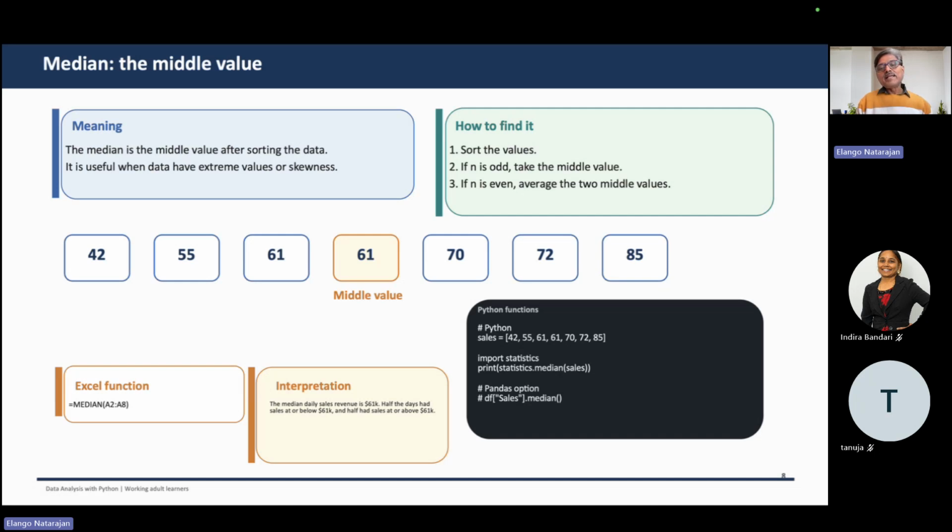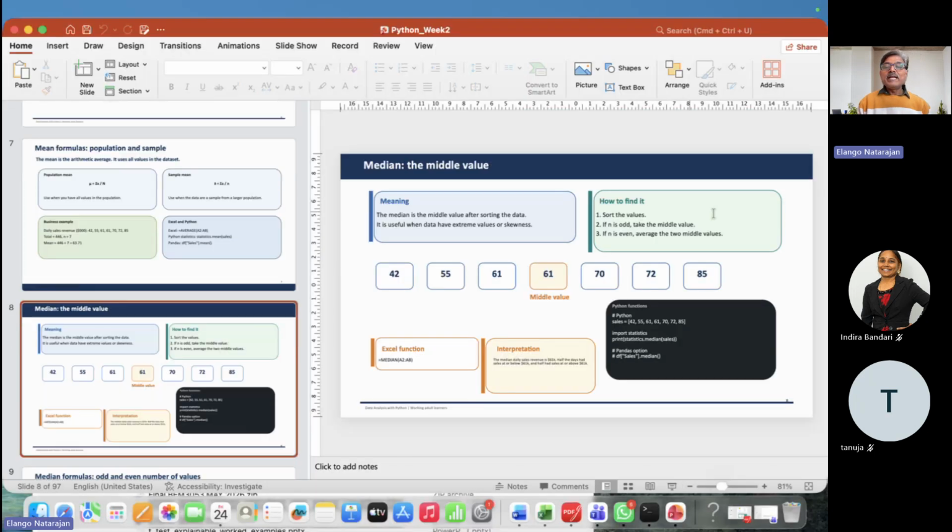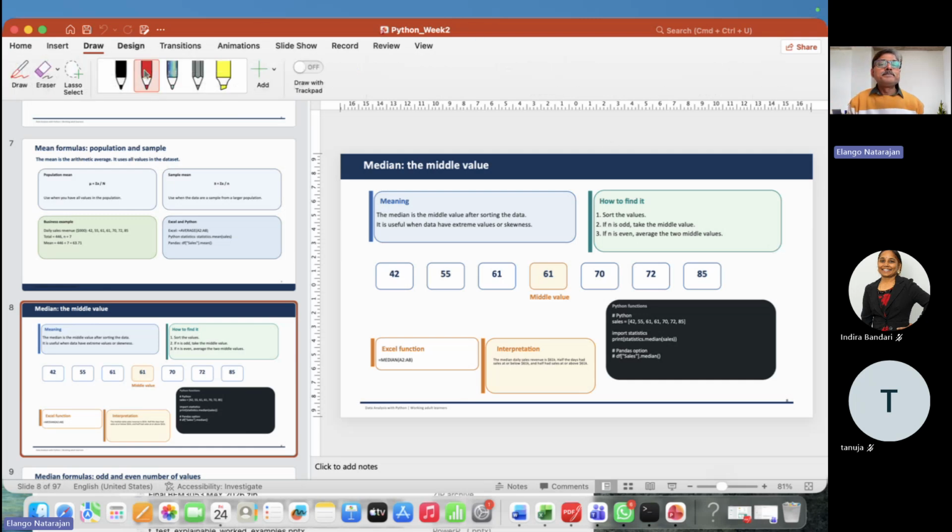In case it is an even number, you consider the two mid values and take the average. For instance, if you have another number here, 80, another number, then we have 8 numbers here.